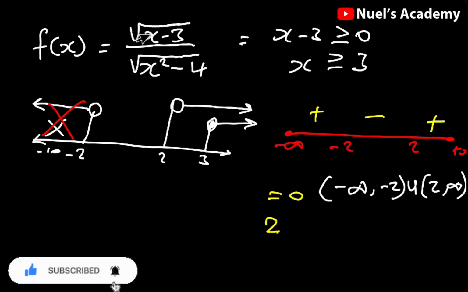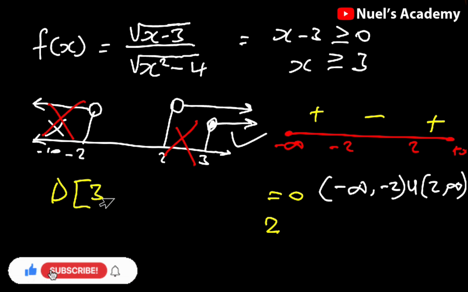If you put 2.5 here, 2.5 minus 3 is minus 0.5. So we're going to have a negative number inside the square root function, so we're going to discard this region. So the only region we're going to accept is this region, which is from 3 to infinity, and this 3 is inclusive. So the domain of this function is going to be [3, infinity) in interval notation, or just write x is greater than or equal to 3.